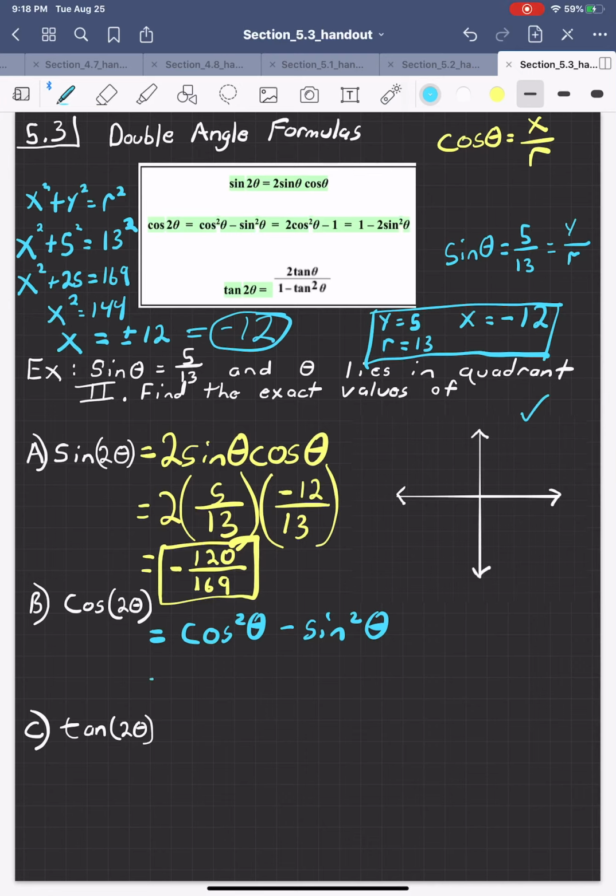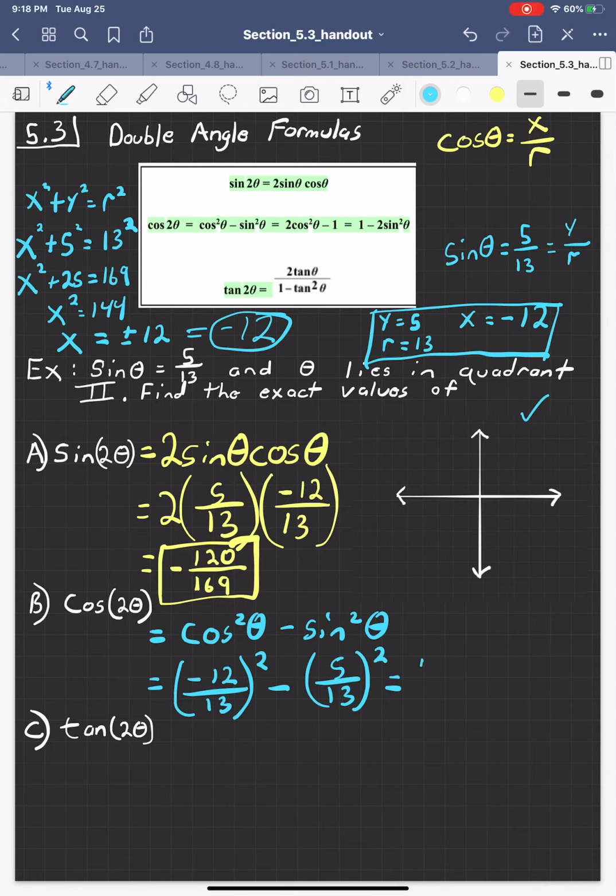So that just comes out to be -12/13 squared minus, what? Minus 5/13 squared. All right, and let's just finish it up. So we just square and then subtract.